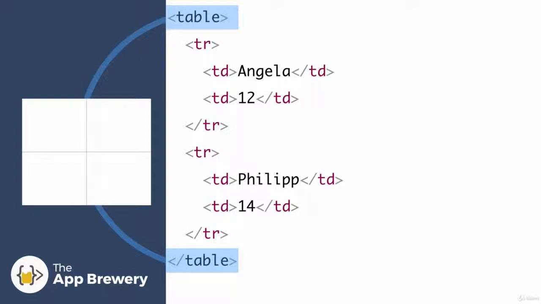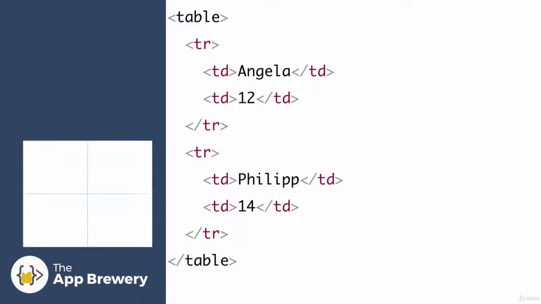Now, in order for our table to actually start holding some pieces of data, we're going to have to create something called a table row. And between the open and closing TR tags is where the data for that row is going to go. And this section of code will just create a single row inside our table. So again, with no associated styling. So if there's nothing between these two tags, then you won't actually see anything appear on screen.